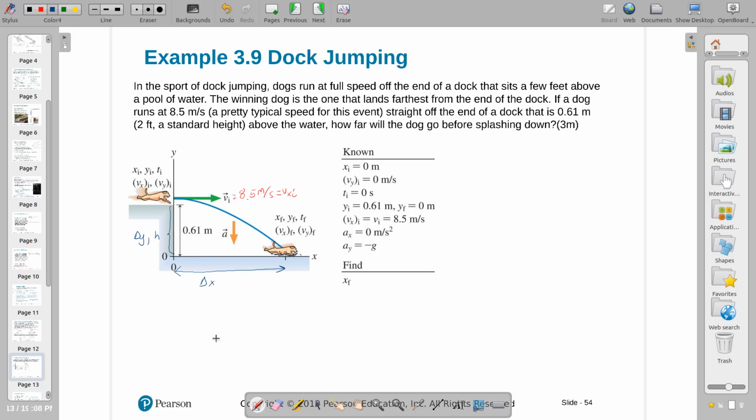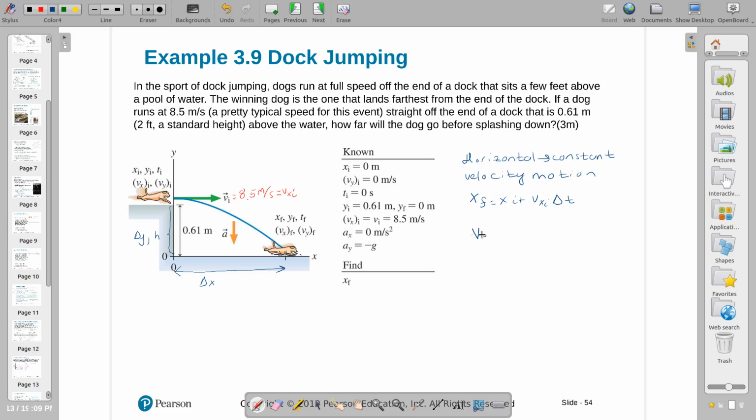What we can do here is, remembering that we have a horizontal constant velocity motion, the horizontal equation will be x final is equal to x initial plus vx initial delta t, and that's it.